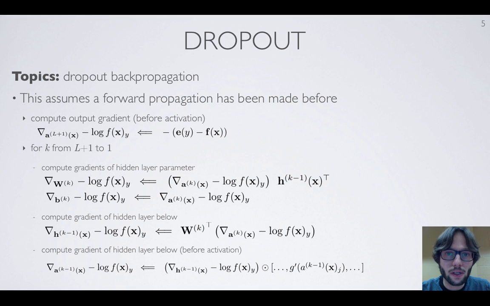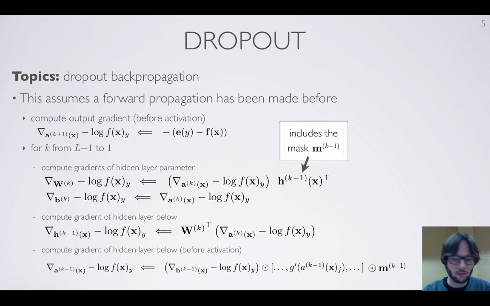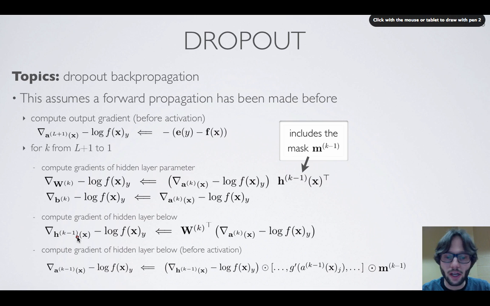And when it comes to doing backpropagation, again, there are two things that are going to change. The first one is that in the definition of h_k, we were taking what used to be the activation vector and multiplying it by a mask.